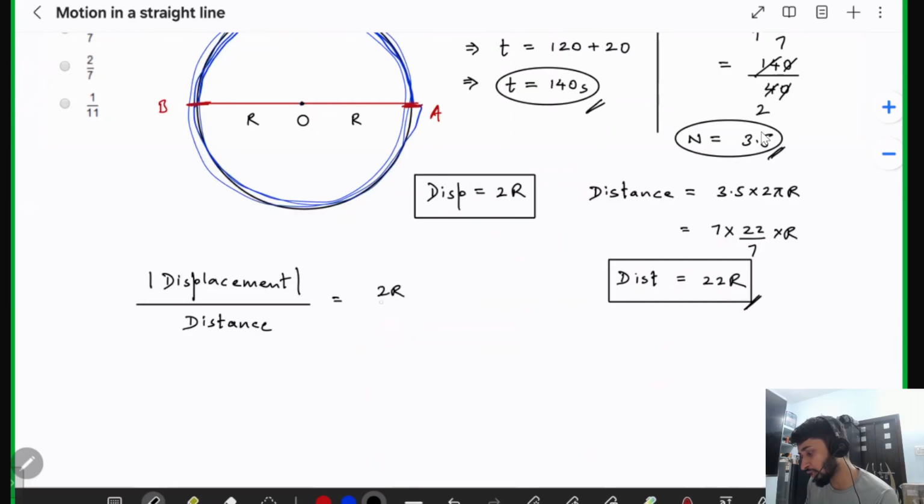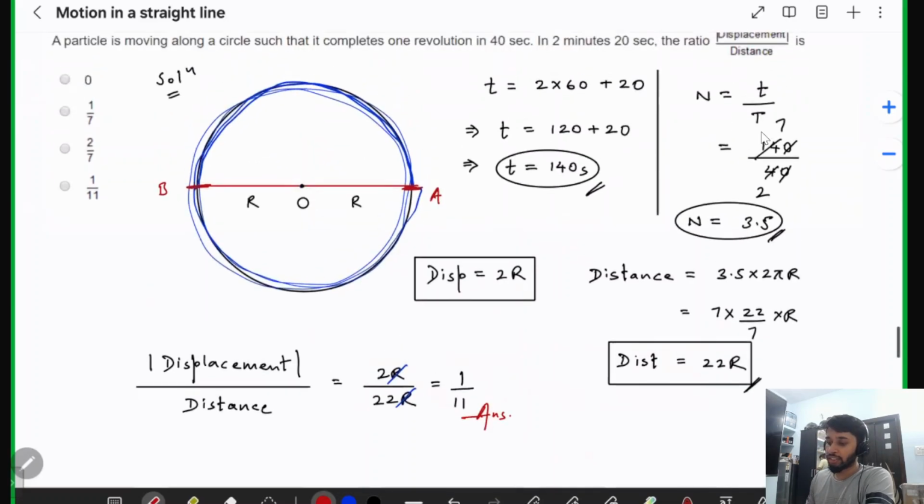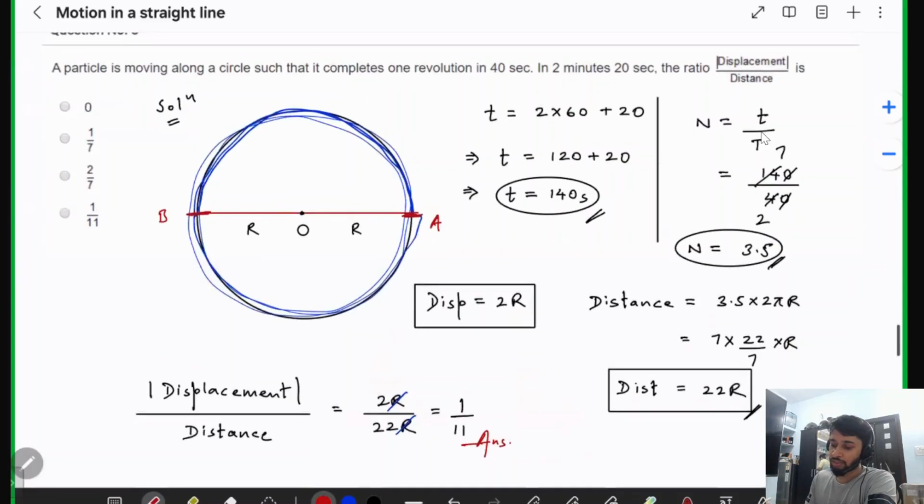So 2r divided by 22r. Here r will get cancelled and it will become 1 by 11. Right. So this will be the answer here. Fine. So you can see for this particular question the answer will be 1 by 11.